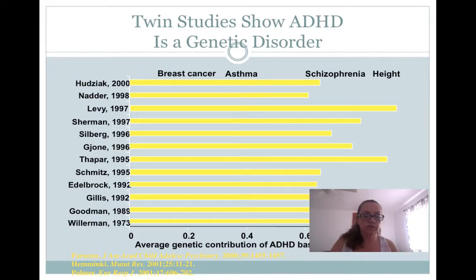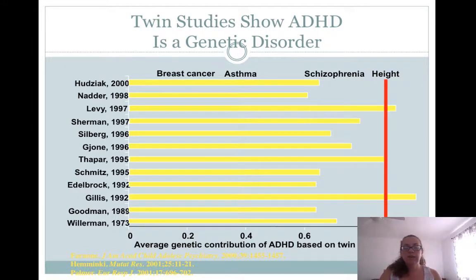If you look at this, so I can draw on here. Okay, so the lowest score is somewhere around here, so 0.6. Height has a correlation coefficient of almost 1, which means a perfect correlation. You have certain genes for height, you will have that height.